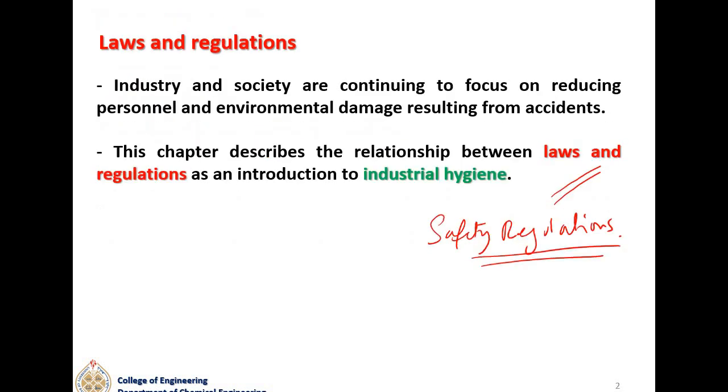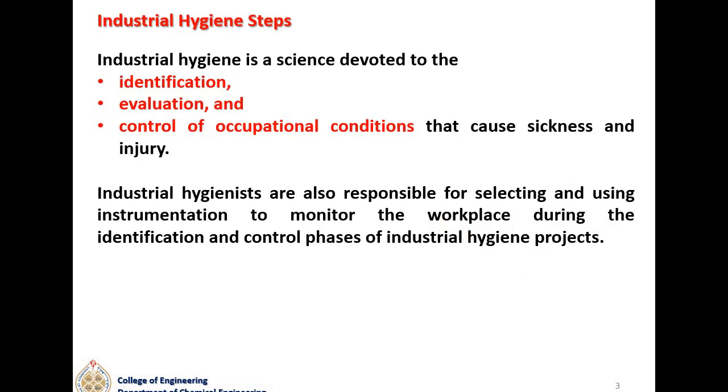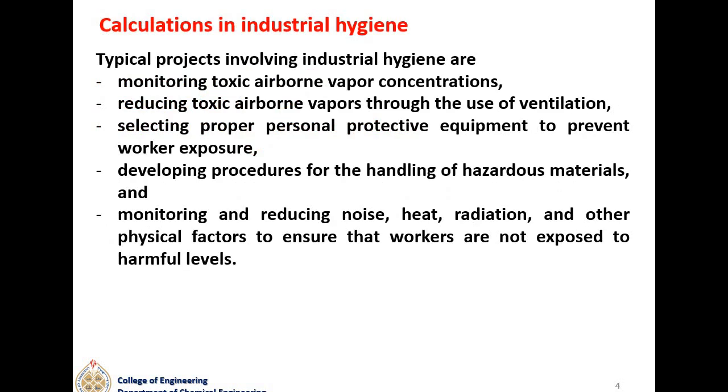Okay, so we're going to study laws and regulations, and then we're going to study together in this chapter the industrial hygiene steps. There are 3 steps of industrial hygiene: identification, evaluation, and then control. We are going to go through these 3 steps, and you're going to see that later. And then we are going to go to something interesting where we have some calculations in industrial hygiene.